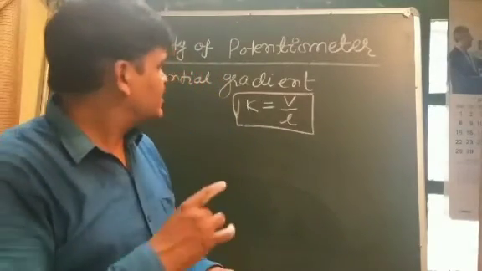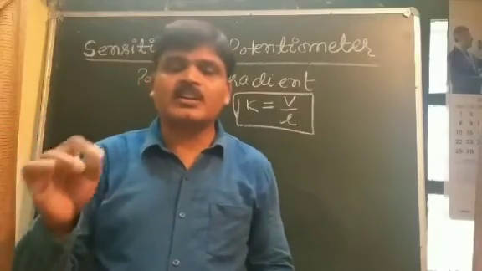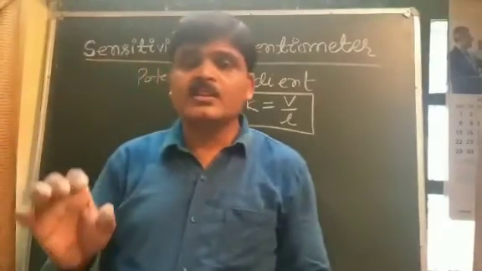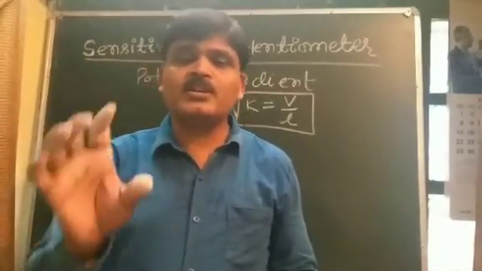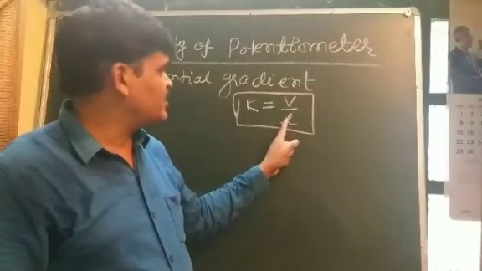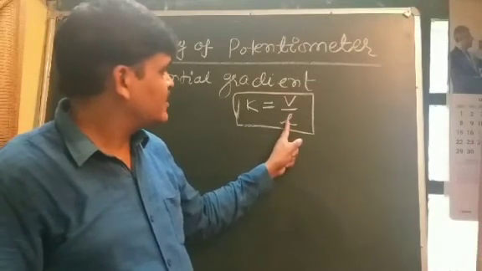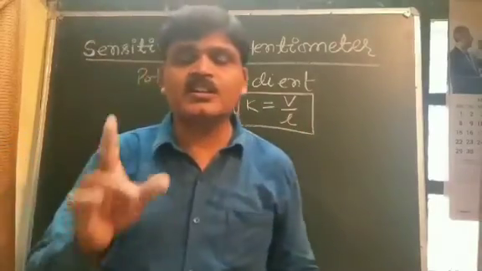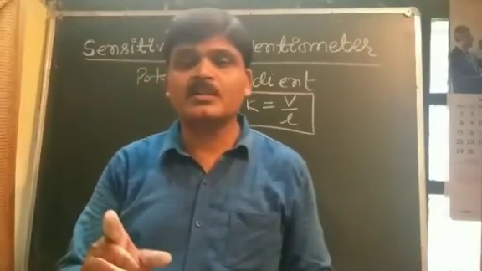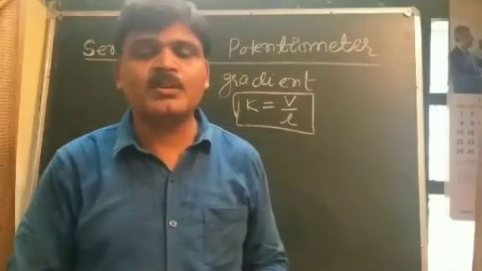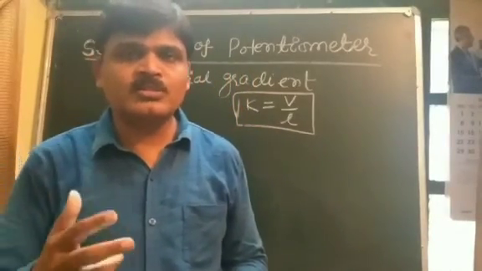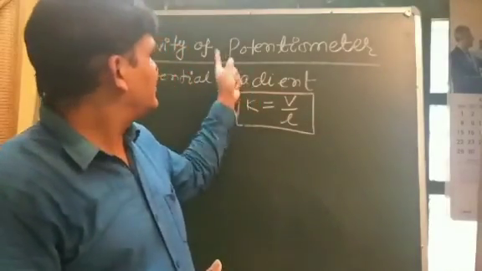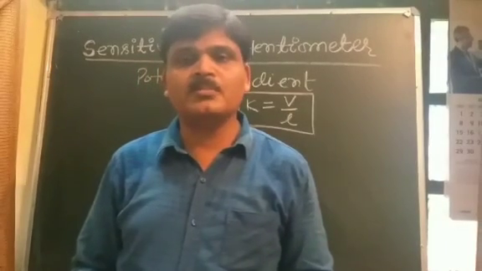In this way the potential gradient decreases and the sensitivity of the potentiometer is increased. So these two methods can be used to increase the sensitivity of a potentiometer. Thank you.